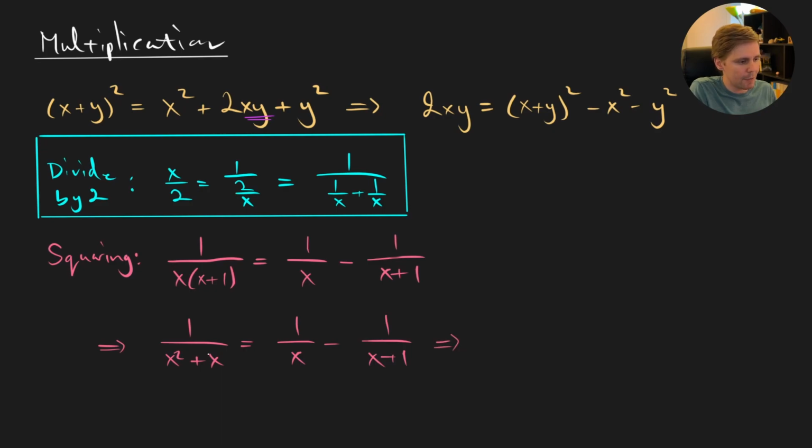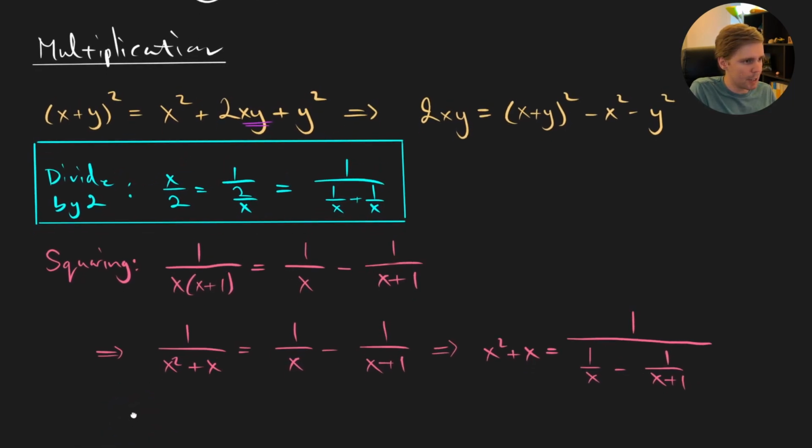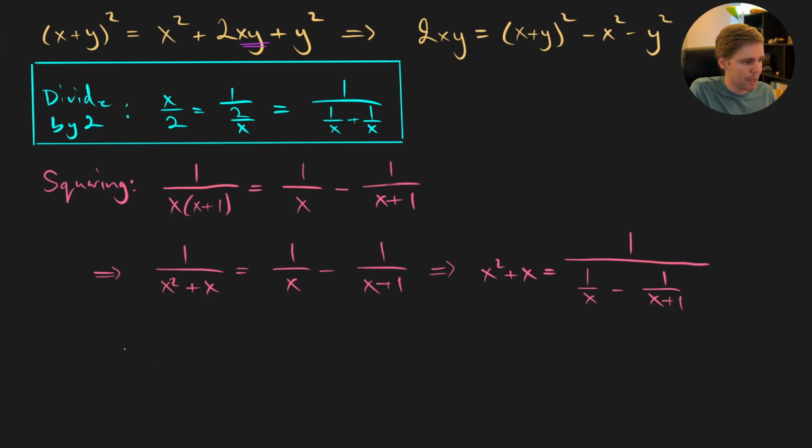So what I get, if I just take reciprocals of both sides, I have x squared plus x is equal to 1 divided by all of this stuff, 1 over x minus 1 over x plus 1. And then I just have to subtract x. So let me make sure that I'm not running out of room here on my screen. So then I just have to subtract x on both sides.